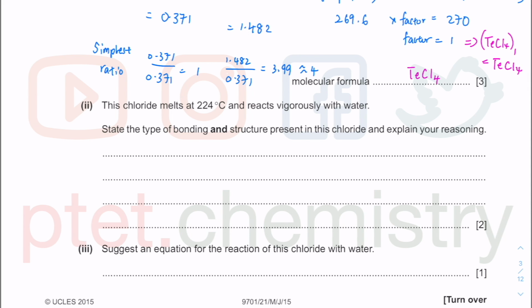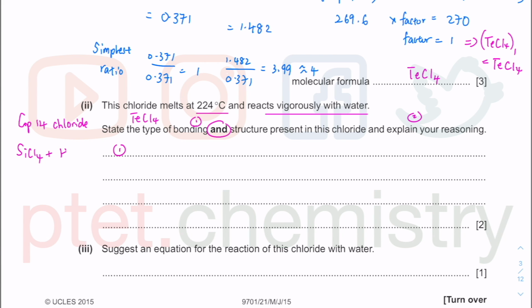Next thing, this chloride, TeCl4, melts at 224 degrees Celsius and reacts vigorously with water. Think about the bonding and structure and explain your reasoning. So the first bit, we're going to be thinking about things like SCl4, which you don't really do, but what you do is you do the group 14 or group 4 chloride, which you know about.